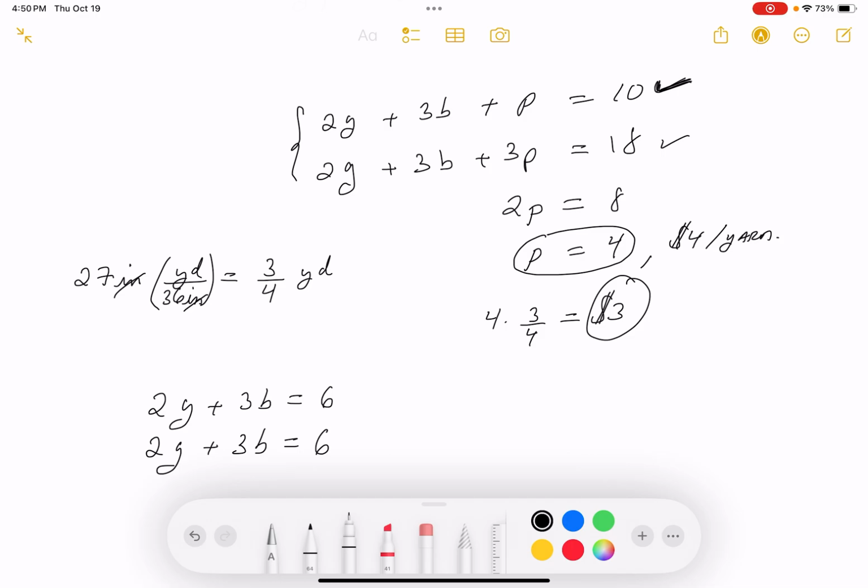So let's just think about this now. So we know the pink rayon costs $4 per yard. We know that much, right? And using what we know about P, we know that 2G plus 3B is equal to 6. We know that.